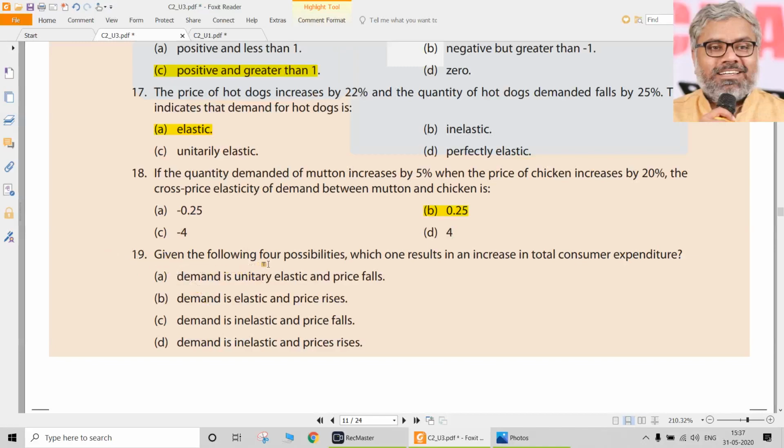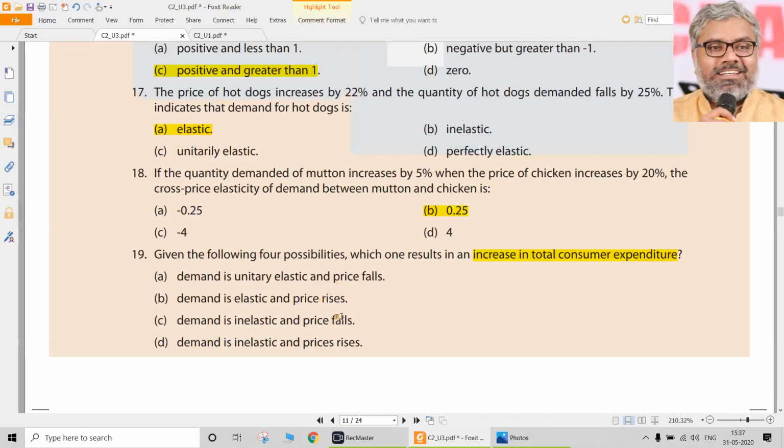Then question number 19. Given the following four possibilities, which one results in an increase in the total consumer expenditure? Once again, the expenditure method, outlay method, or total revenue method. A very important method: though we cannot calculate, we should be able to identify the tendencies. What is the requirement here?